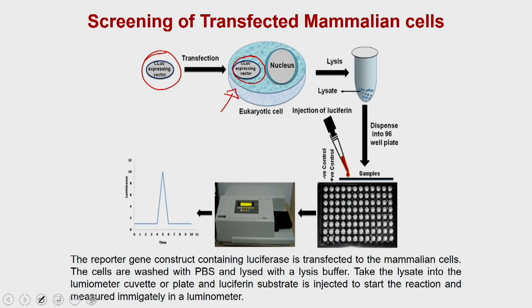Then you can collect this lysate and put it into the black plate, which is the ideal plate for doing luciferase reactions. You can include a negative control as well as a positive control, and then you add the substrate, put it into the multimode reader or the luminometer, and you are going to see a short lived signal from the enzyme.